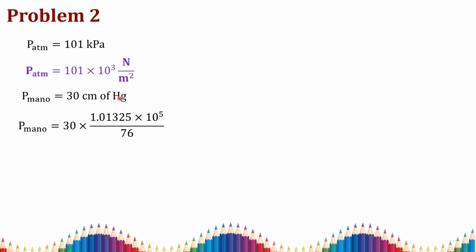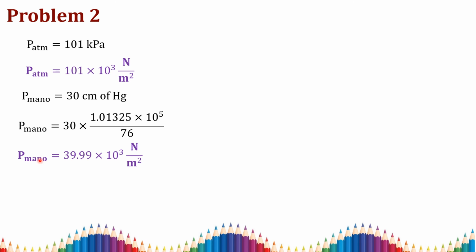Okay, so I am replacing 1 centimeter of mercury with what we found previously: 1 centimeter of mercury equals 1.01325 into 10 to the power of 5 divided by 76 Pascal, or Newton per meter square. Okay, so by solving this simple equation, you can obtain manometric pressure, which is equal to 39.99 into 10 to the power of 3 Newton per meter square.